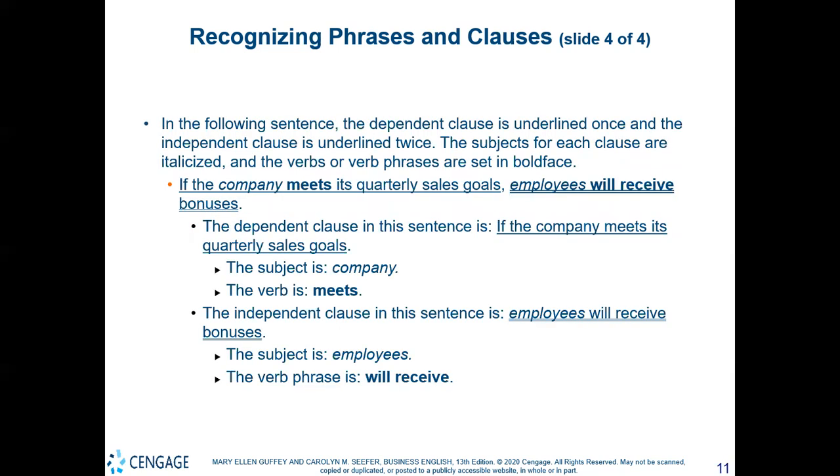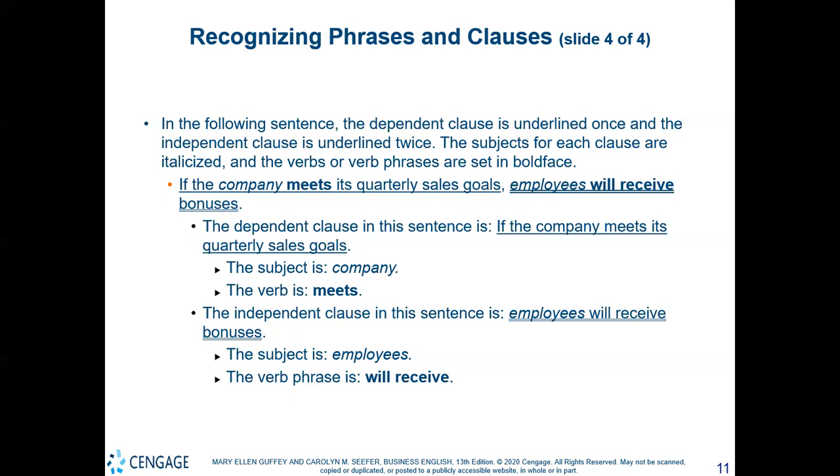In the following sentence, a dependent clause is underlined once and the independent clause is underlined twice. The subjects for each clause are italicized, and the verbs or verb phrases are set in boldface. If the company meets its quarterly sales goals, employees will receive bonuses.